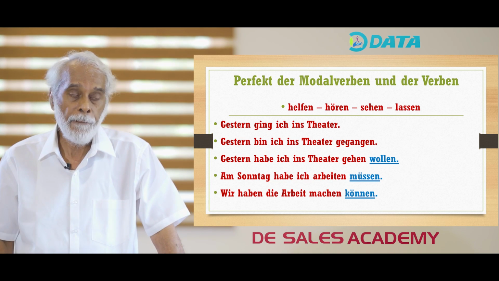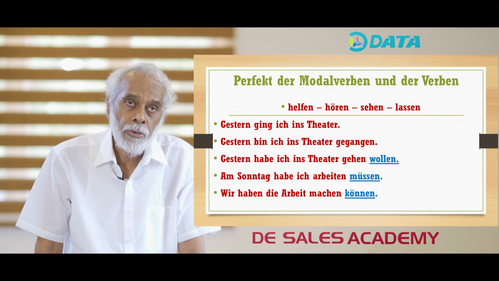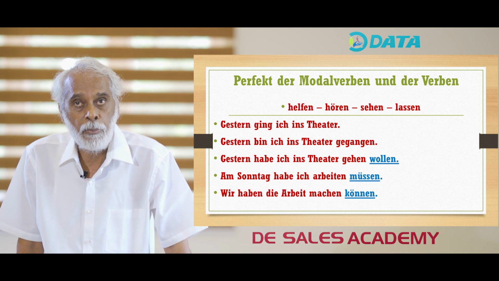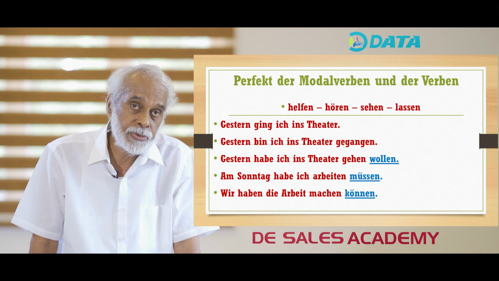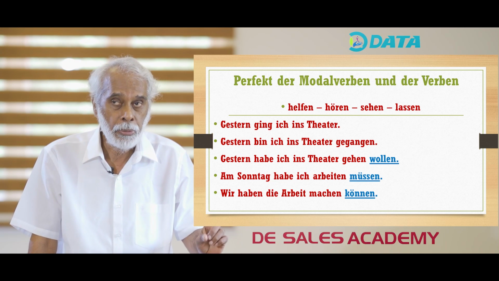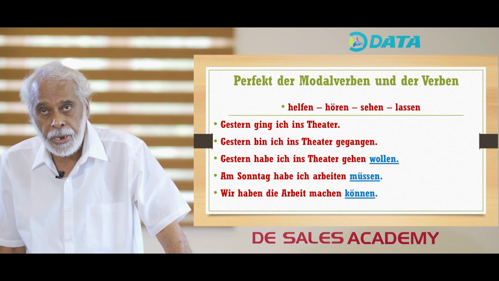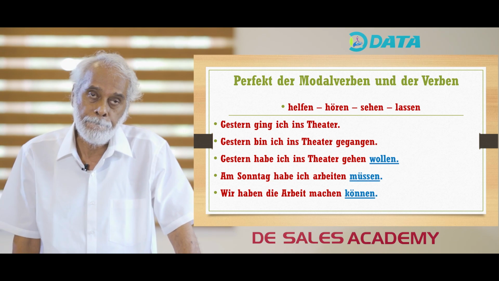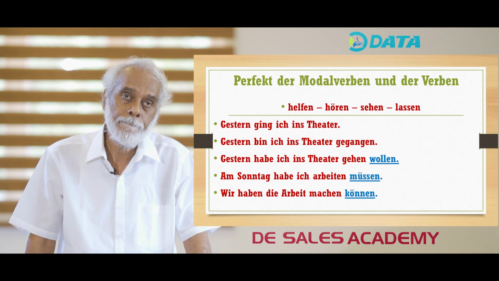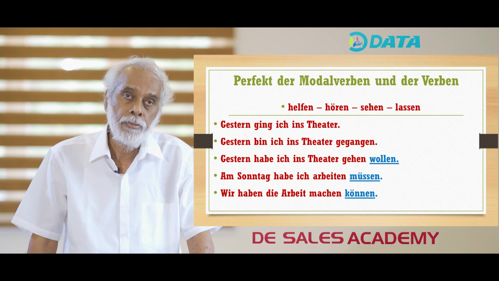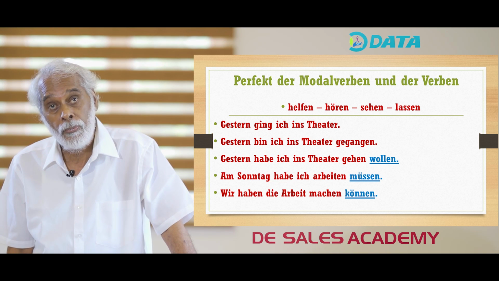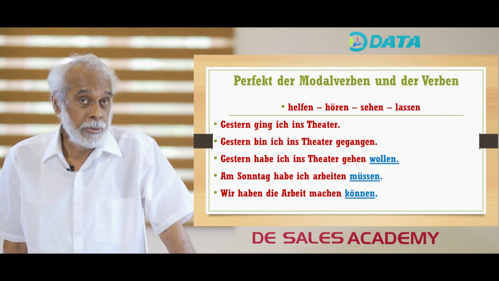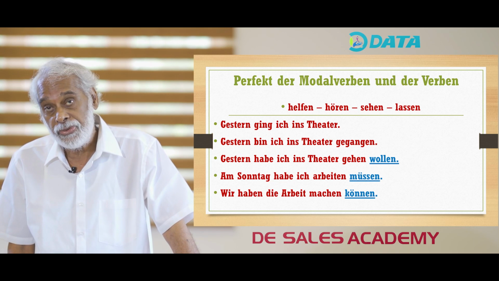And now slowly we are coming to the perfect of the modal verbs and the verbs helfen, hören, sehen, lassen. Wir haben hier 5 Sätze. Gestern ging ich ins Theater.